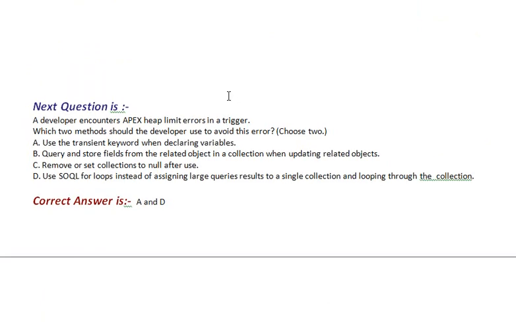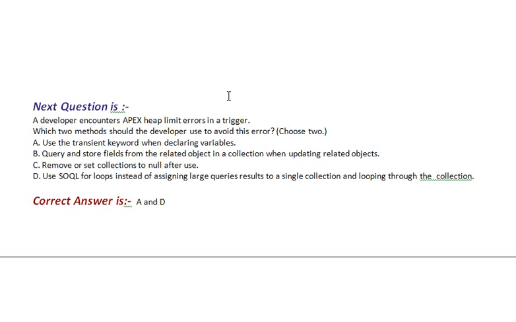Our next question is, a developer encounters Apex heap limit errors in a trigger. Which two methods should the developer use to avoid this error? Choose two. Option A, use the transient keyword when declaring variables. Option B, query and store fields from the related object in a collection when updating related objects.